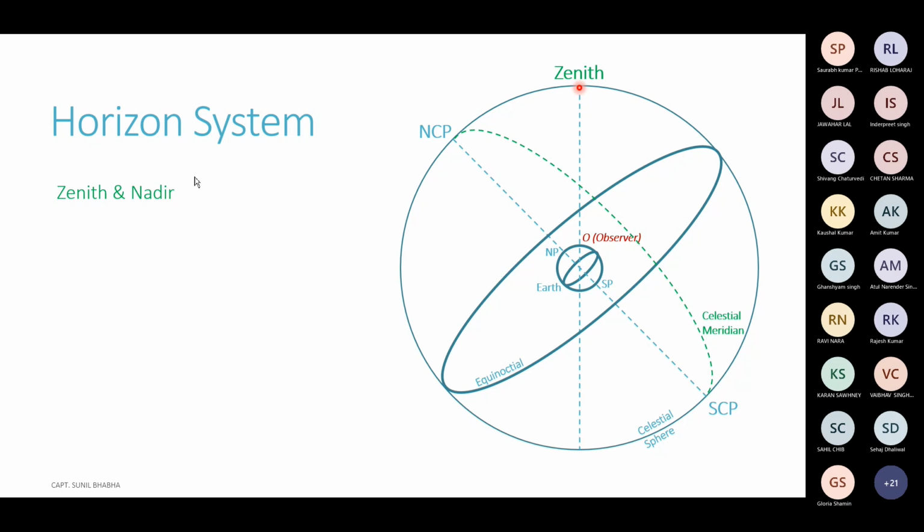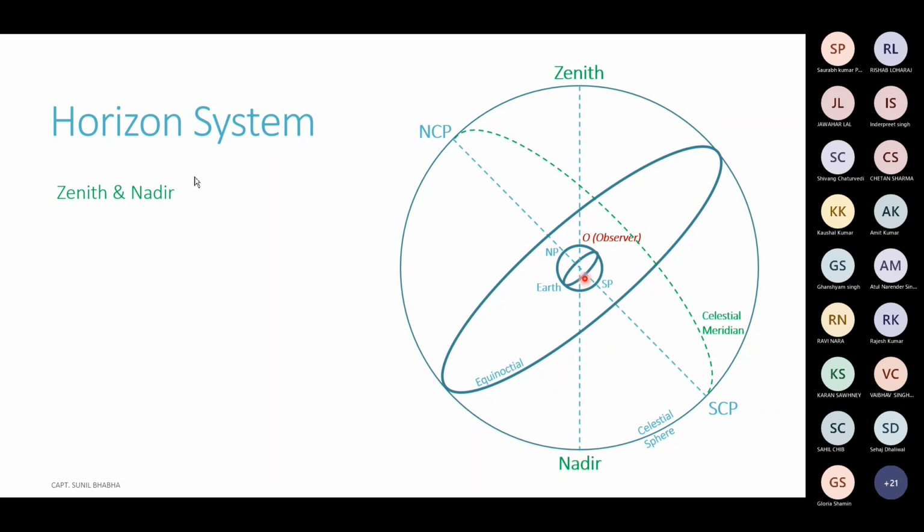If you look up to the sky, exactly upwards, totally upright in the middle of the sky, the point which is overhead of you is the zenith of the observer. And this line extended on the opposite side meets the celestial sphere at a certain point, which is called the nadir of the observer. So zenith and the nadir are our two references for the horizon system.